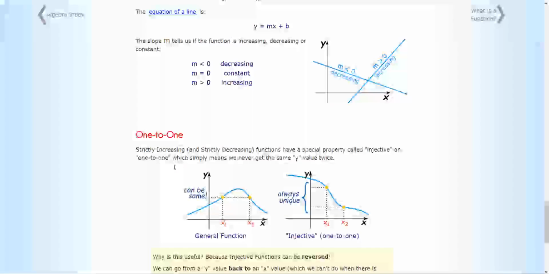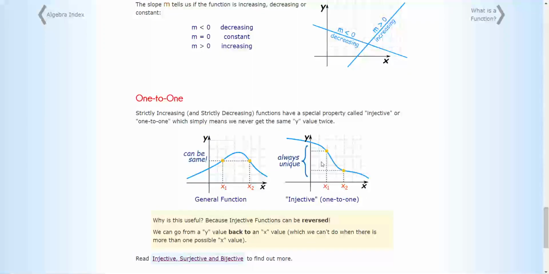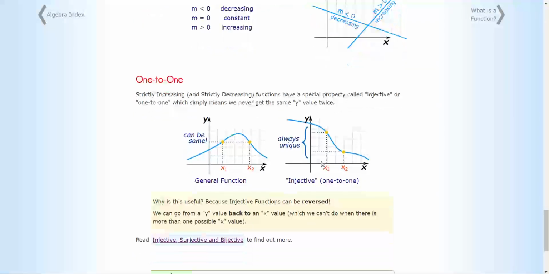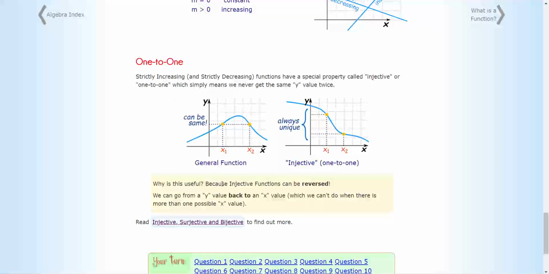Strictly increasing and strictly decreasing functions have a special property called injective, or one-to-one, which simply means we never get the same y value twice. They can be reversed. We can go from a y value back to an x value, which we can't do when there is more than one possible x value.